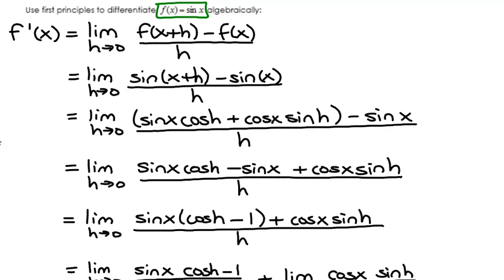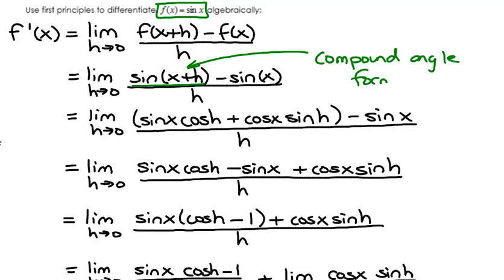I think you can follow through most of it, although what I'm going to show you is this part, where you're going to need the compound angle formula that you learned last semester in advanced functions. That is sine of one times cos of the other, plus cos of one times sine of the other. That was the compound angle formula for sine.